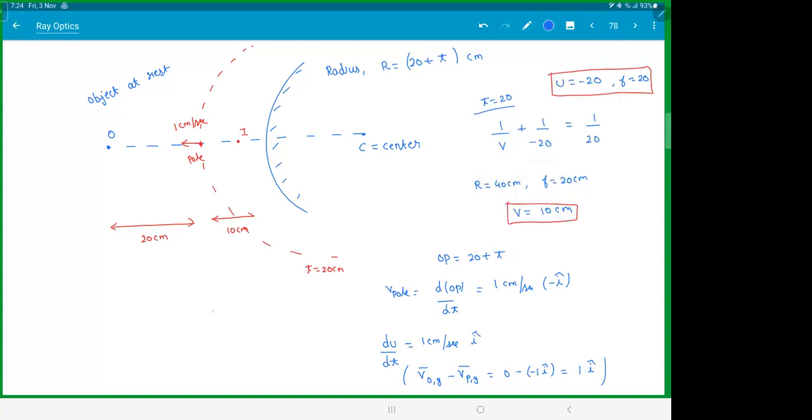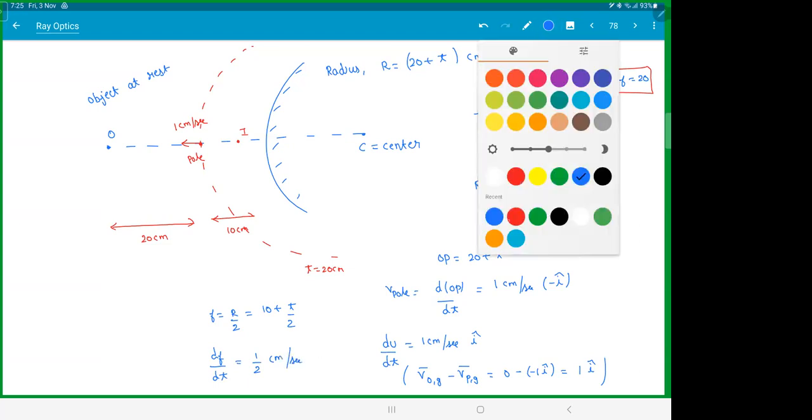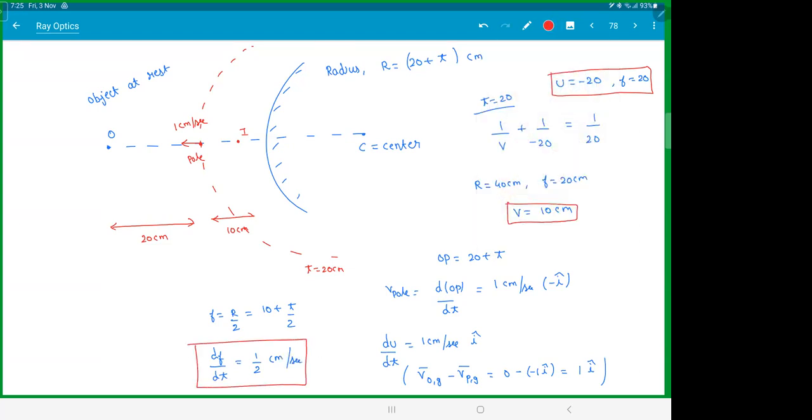I also need f is R by 2, which is 10 plus t by 2. So dF by dt is half centimeter per second. Now I need this. I need this. I think now I have all the data ready. Check this data once.